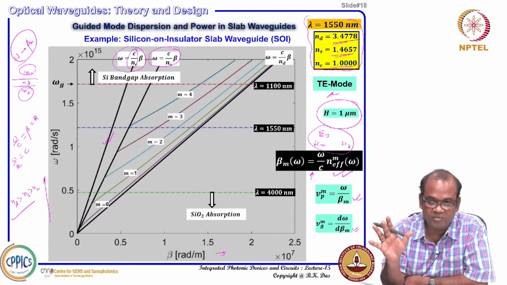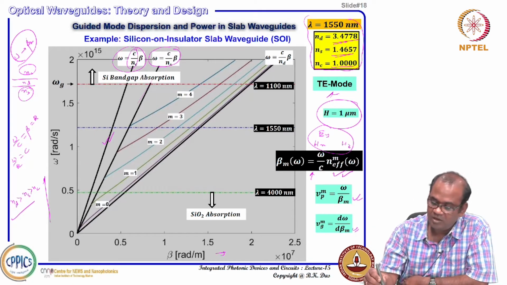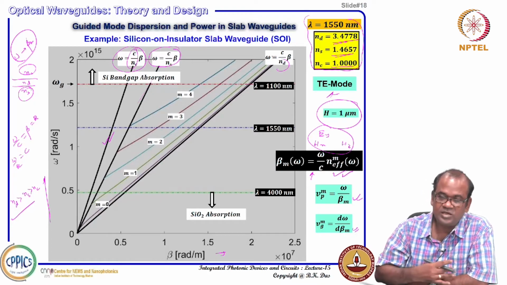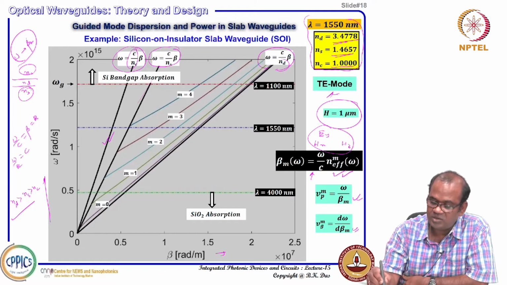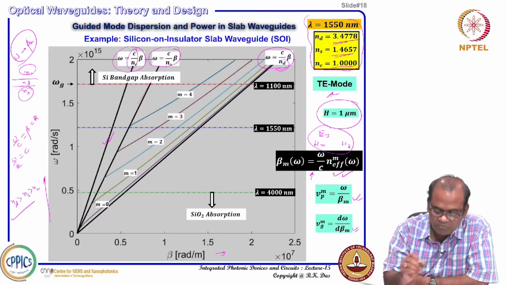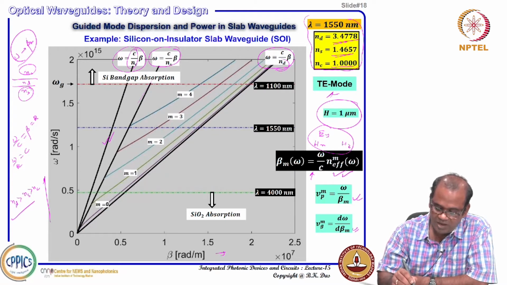And same thing if you are considering the core, if it is a silicon medium. This is your beta, this is your omega, that will be again a straight line. Such a plot in a homogeneous medium, a straight line, is normally called a light line.